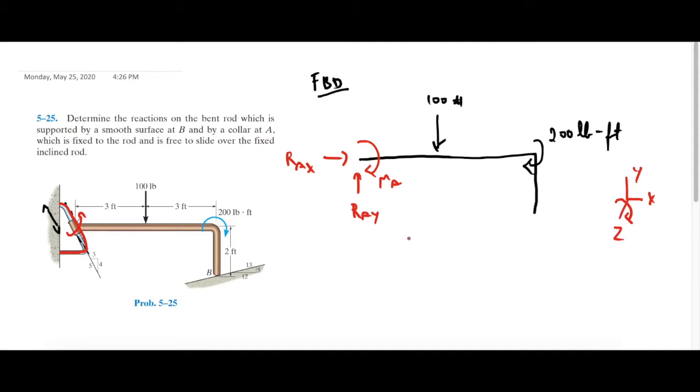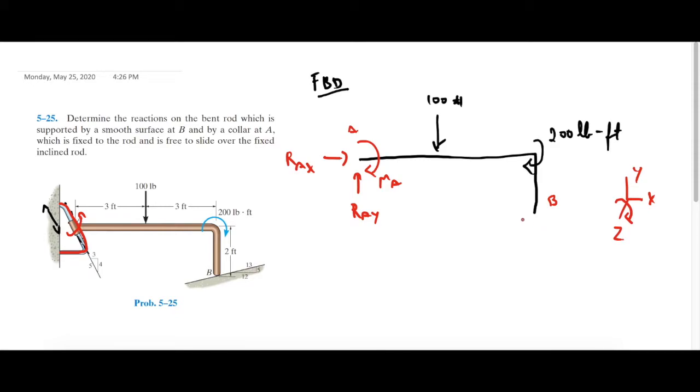Okay. Now the last point of contact is point B, which is right here. I should probably label these A and B. In that case, because that's just a surface contact, the only kind of support we would get is a force, right? There's nothing preventing rotation.